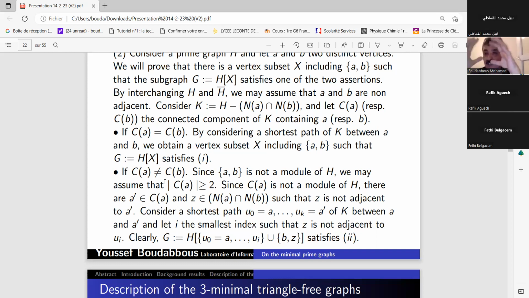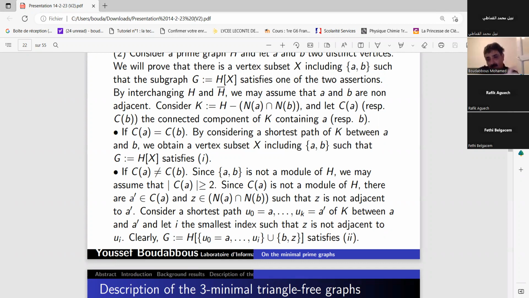Now, we consider CA. Since it is a proper, non-empty and non-singleton subset, it is not a model, because H is prime. Thus, there is a vertex in the intersection which is mixed on A and some other element in this component, some other element that is A prime.